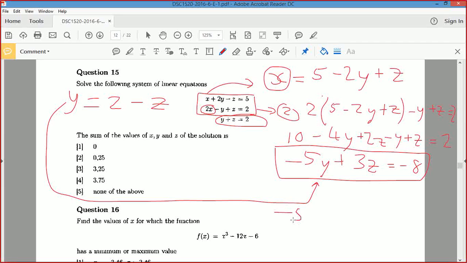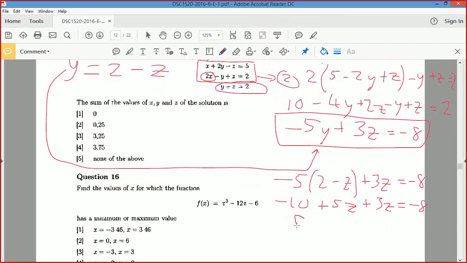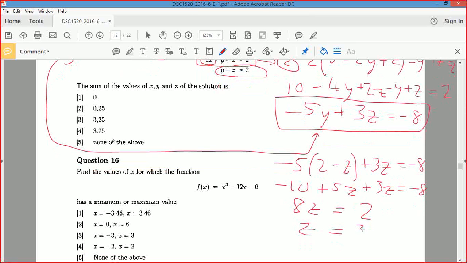So I had minus 5 brackets 2 minus z close brackets plus 3z equals minus 8. If I multiply that out, I get minus 10 plus 5z plus 3z equals minus 8. So 8z equals 2, so z equals 2 over 8, which is 0.25.